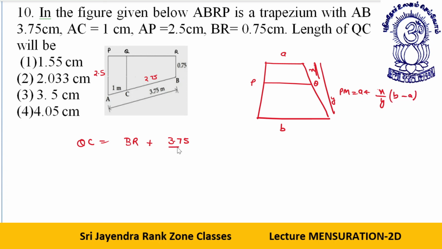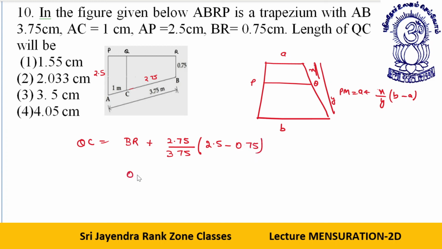So, this is 2.75 upon 3.75 of B minus A, that is 2.5 minus 0.75.